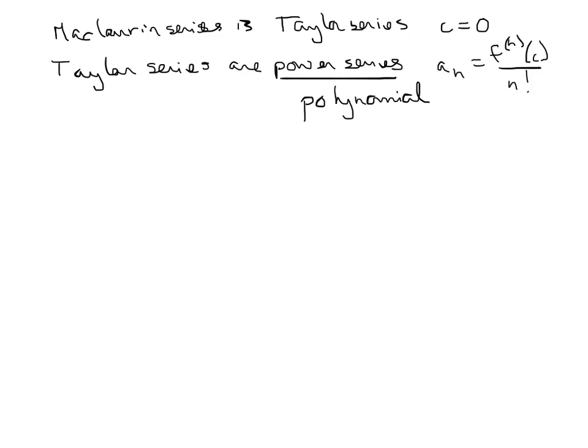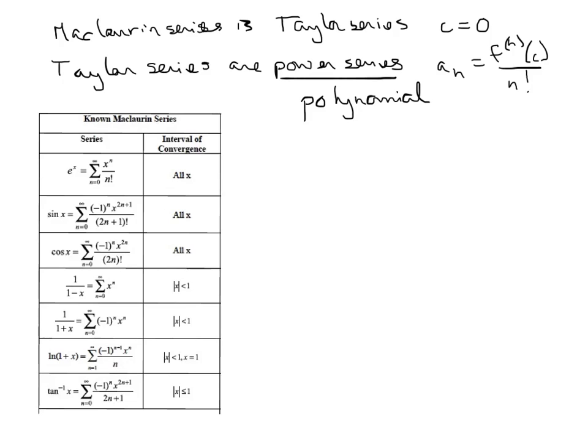All right, this table is in the right-hand corner of that sheet, and it gives a bunch of known Maclaurin series. So on all of these, c is equal to 0. They're all centered at 0, and you can see that with all of the x's. What this is doing is taking a bunch of different functions and showing how they could be represented as a polynomial. So e to the x we can represent with a polynomial, sine of x we can represent with a polynomial, etc. On the right-hand side of this, it gives the interval of convergence.